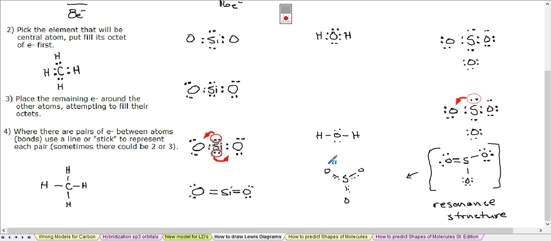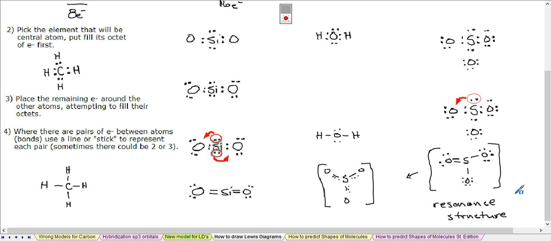So sometimes you'll see in textbooks where they use dotted lines to represent a resonance structure, and they won't bother putting the extra lone pairs around the oxygens, just to show you that this double bond is really in flux. It's jumping around. But for our purposes, just drawing this would be fine.